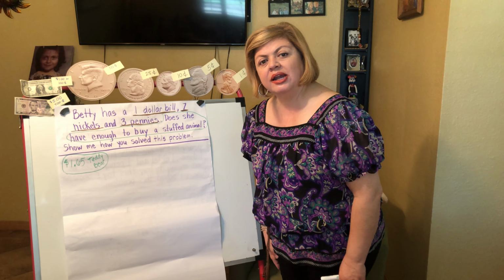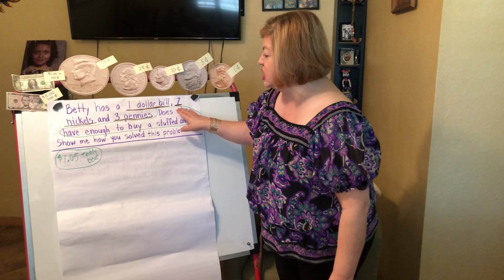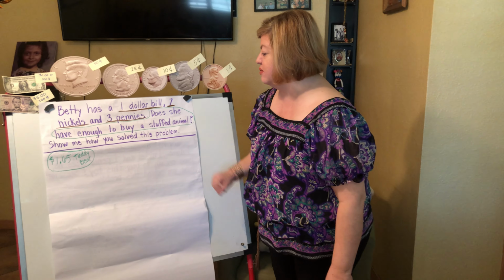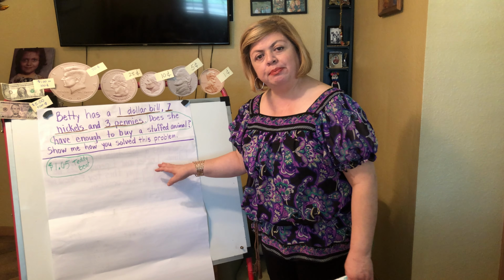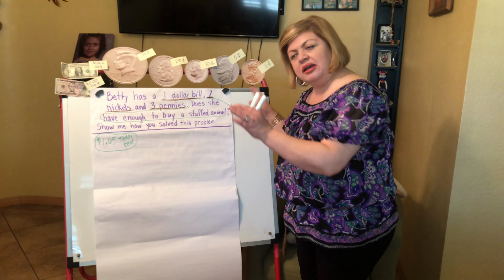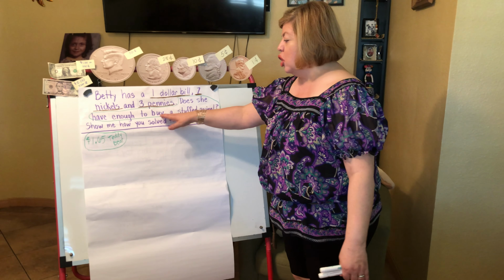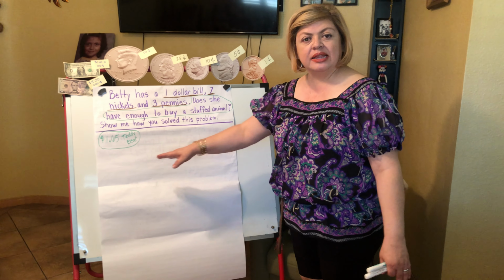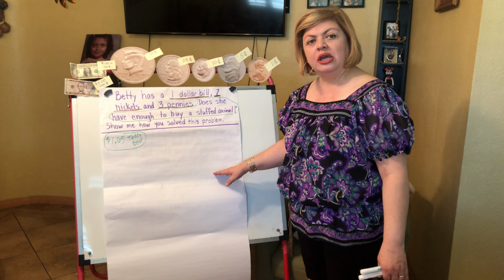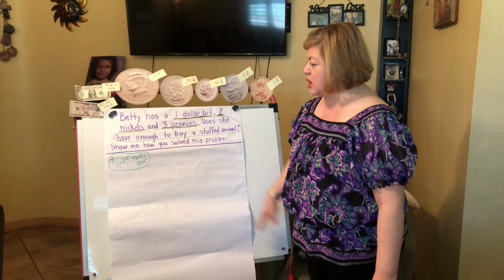And then you would start adding them up. And the question is asking, does she have enough to buy a stuffed animal? So your answer might be, yes, she has enough to buy a stuffed animal. She has, and then you tell me how much money she has. Or your answer might be, no, she does not have enough to buy the stuffed animal. And then you tell me how much money she does have. So that is how you solve it.